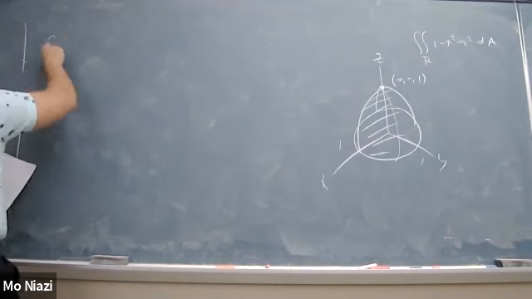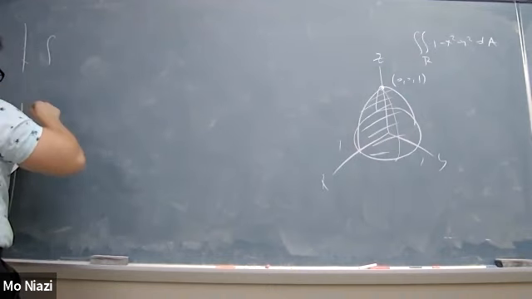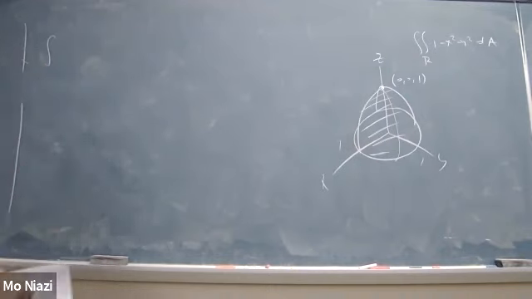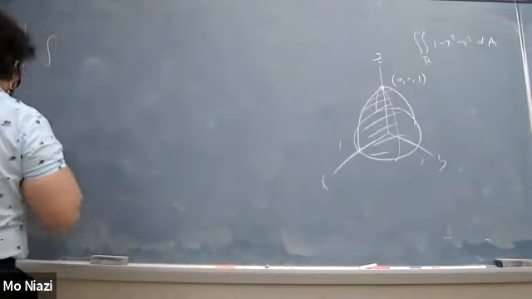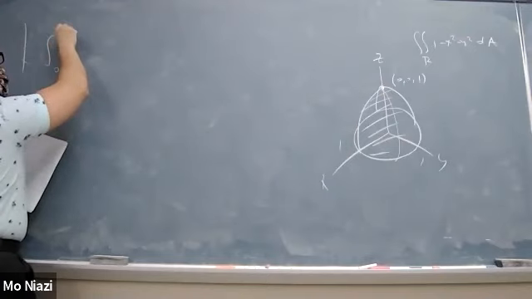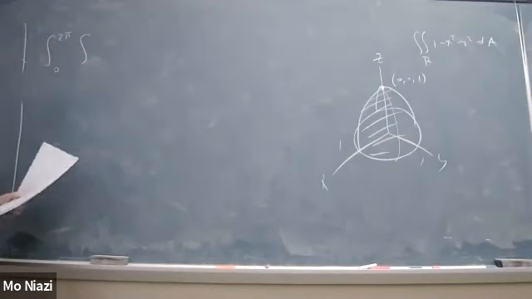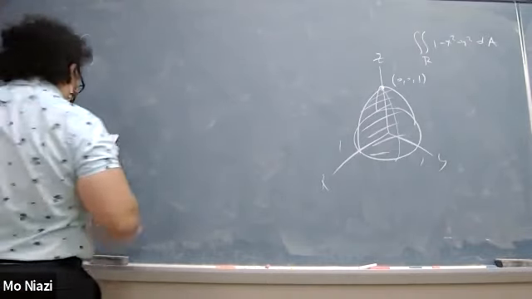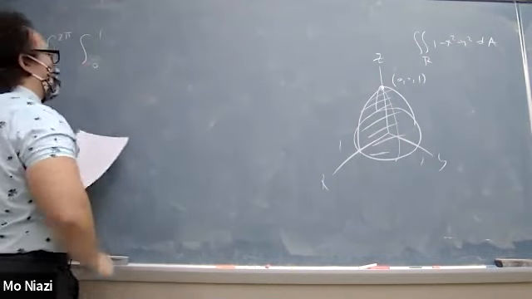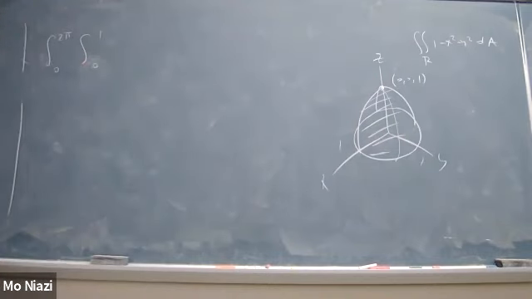Okay. So that integral over there is the same thing as how do we deal with theta? Theta goes around the whole circle. So it goes from 0 to 2 pi. How do we deal with our r? Well, r ranges from, because it's a solid, it ranges from 0 to 1.